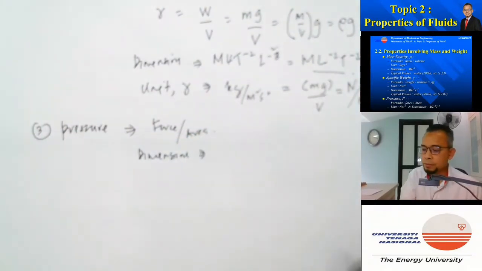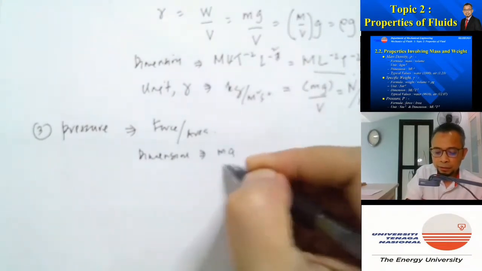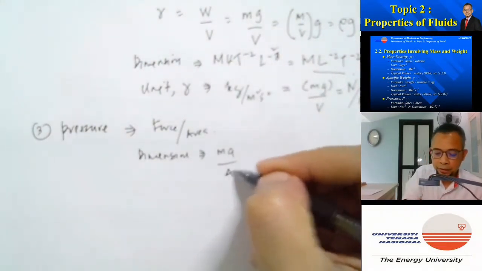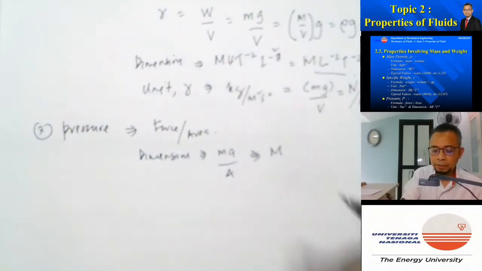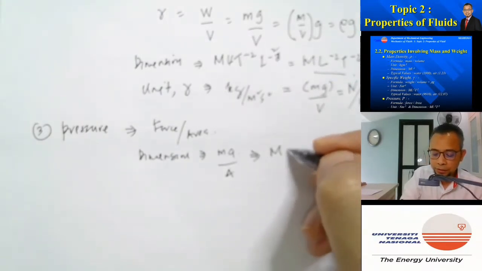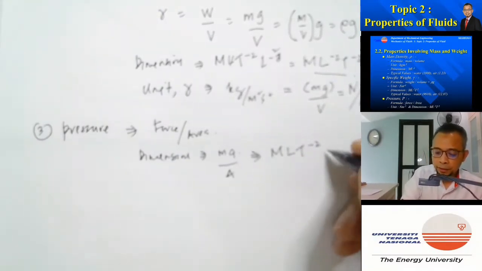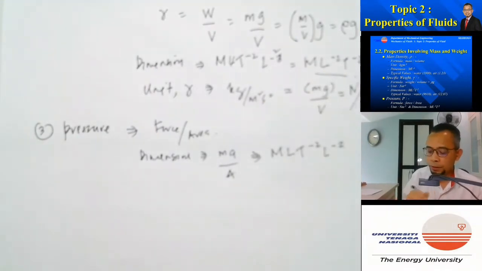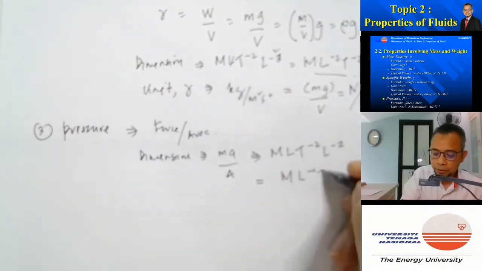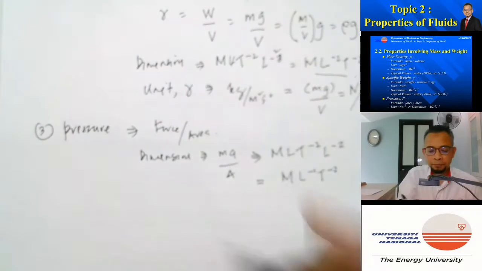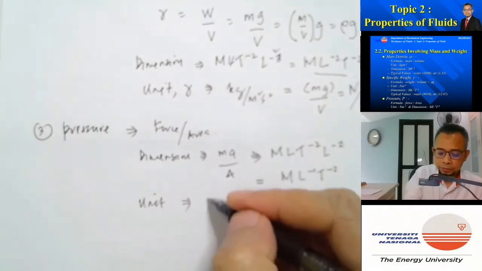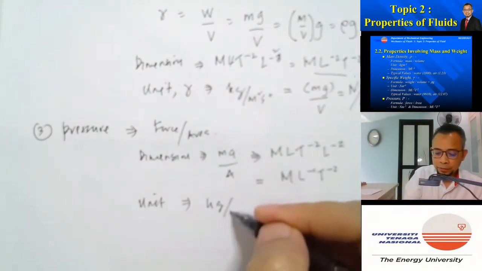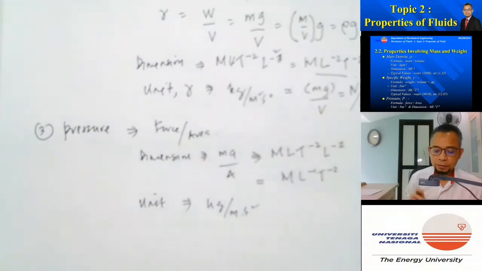Force is mass multiplied by acceleration, divided by area. So considering dimensions, mass is M, acceleration is L T minus 2, and area is L minus 2. So the dimension is M L minus 1 T minus 2. And the unit, directly from here, is kilogram per meter per second squared.